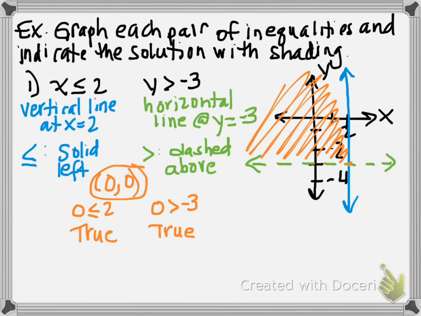Okay, next problem. A little bit harder. We're going to have y is greater than or equal to x plus 2, and y is less than 3 minus 2x. So on the left equation, it's already in slope-intercept form, so I identify my key pieces.